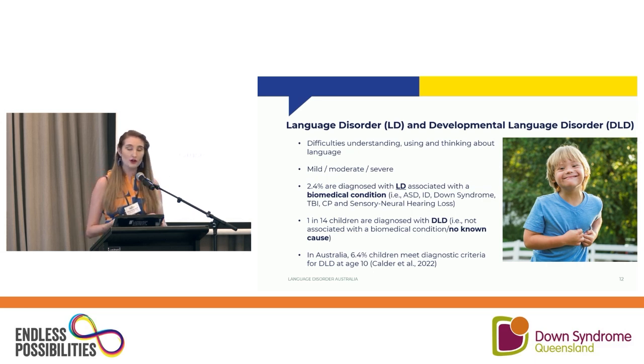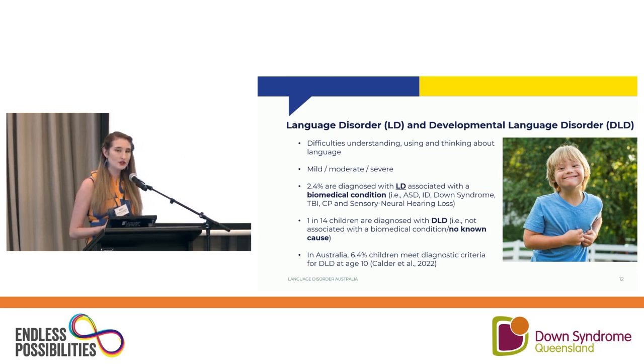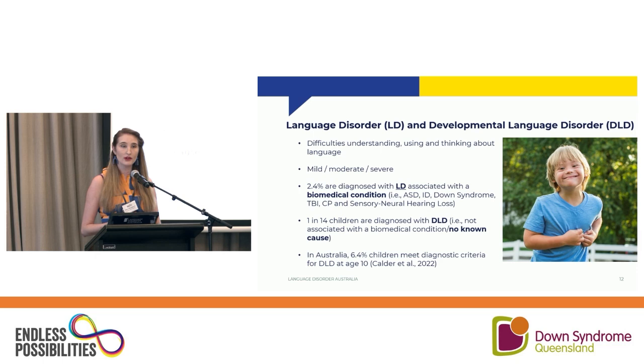Now, when we look at the term DLD, like we had in the video more specifically, that is the group of children that have a language disorder with no other explainable cause. So their DLD is not associated with a biomedical condition. And we can see here that 1 in 14 children in every classroom will have a developmental language disorder.